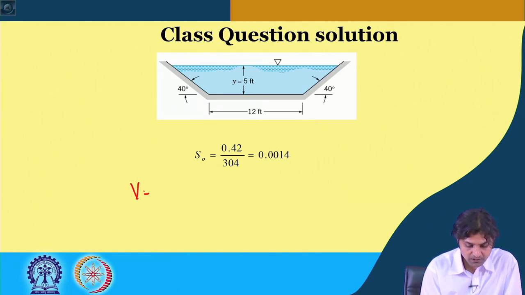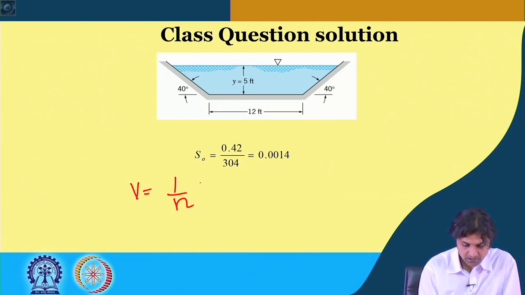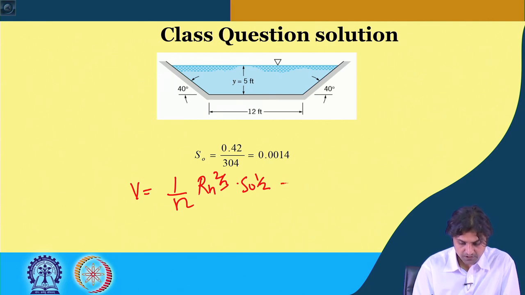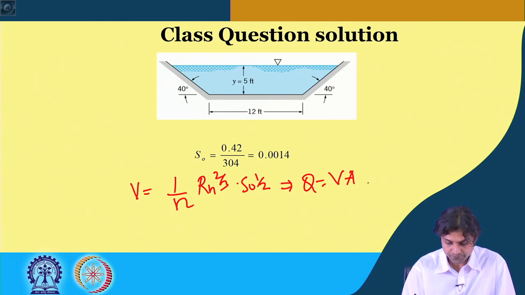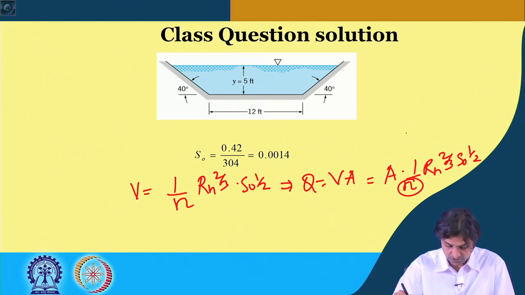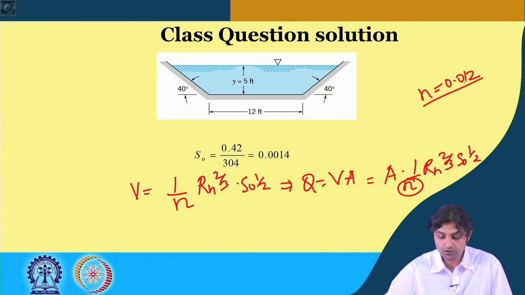We know V is 1 by N, RH to the power 2 by 3 into S naught to the power half, which implies Q is V into area. So, area into 1 by N RH to the power 2 by 3 S naught to the power half. N we already know, for finished concrete N was 0.012, that we already looked up from the table.